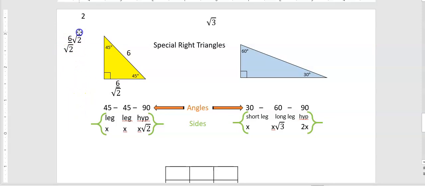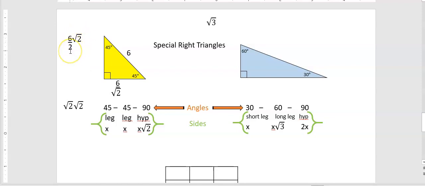So we need to multiply the top by square root of 2, and the bottom. The numerator and the denominator both get multiplied by square root of 2. It just so happens that square root of 2 times square root of 2 is 2. 6 times square root of 2 just stays 6 square root of 2.